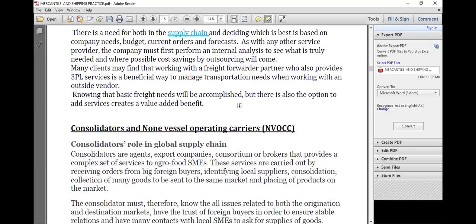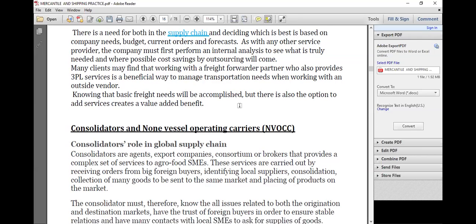So now you can differentiate who is a freight forwarder and who is a third-party logistics provider. Third-party logistics providers perform more or less the same work as freight forwarders, only that they offer additional services.